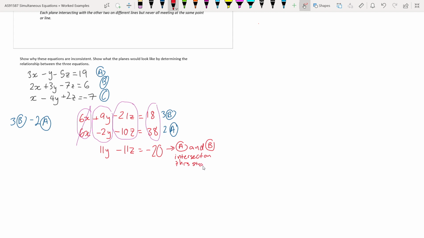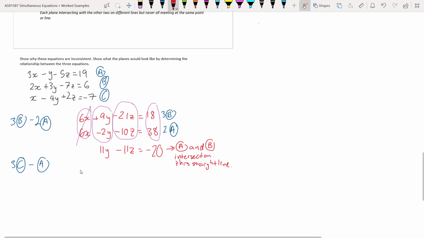So we move on and we see, can we figure out if either A and C are parallel or B and C, one of the two. So I'm going to look at A and C, and I'm going to eliminate x again. So I've got 3x here, I've got 1x here, so I'm going to go for 3c. So 3 amounts of c, subtract a.